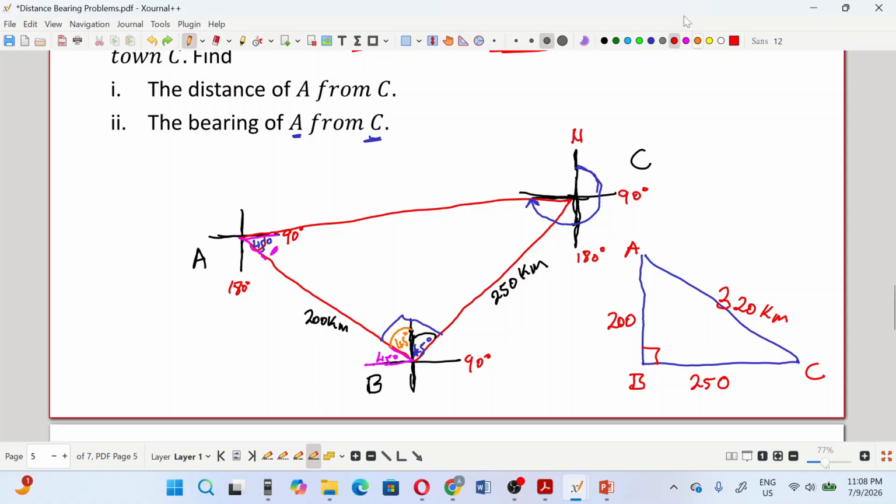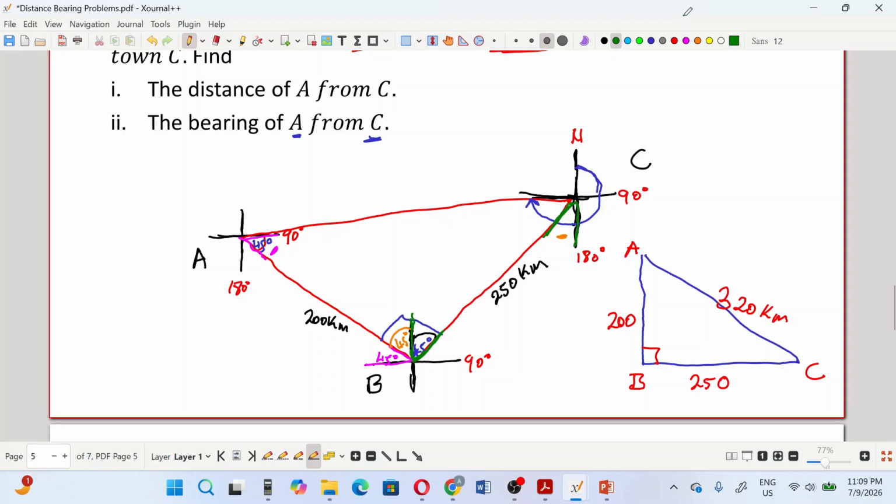Now let's look at the easy part before we go ahead. First of all, we can get here easily by looking at the bottom here. Look at this angle, I'm going to focus on the angle where I'm shading, right? You realize that that angle alternates with this angle that we're looking for.